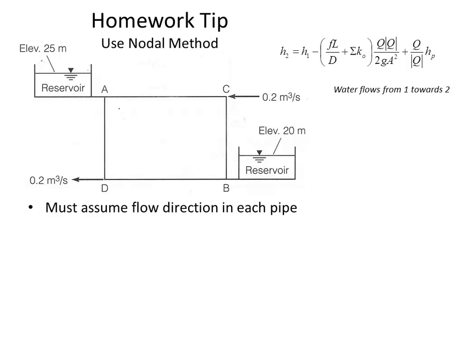What that would mean is that you can write an equation for the head at C in terms of the head at A. Head at C is head at A plus f L Q squared divided by D 2g A squared. And the Q that we're talking about is Q_AC.